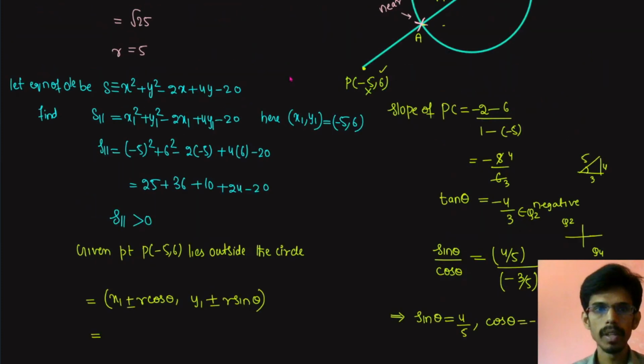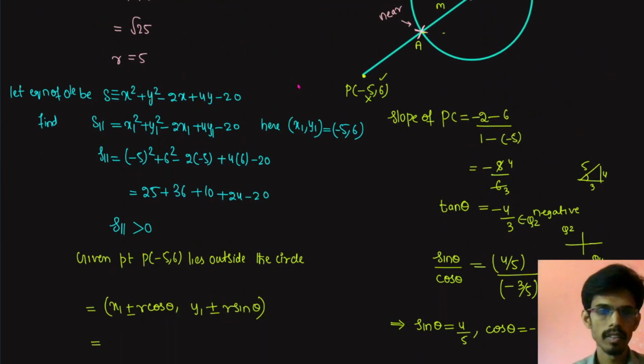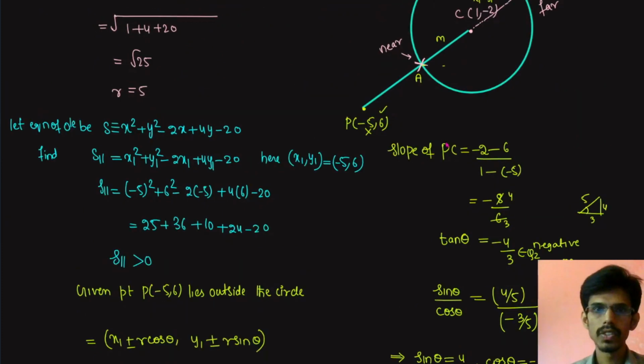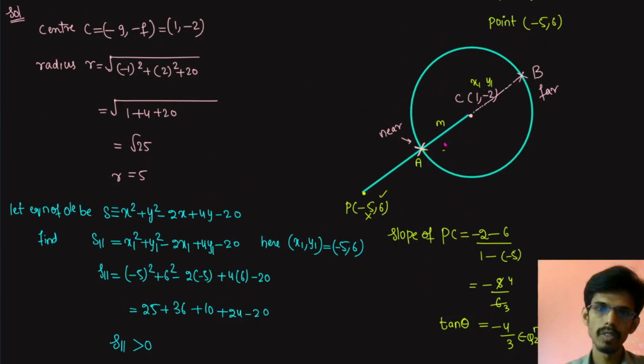Now x1 will be 1 plus or minus the radius of the circle. Here the distance between C to A and C to B will be r.